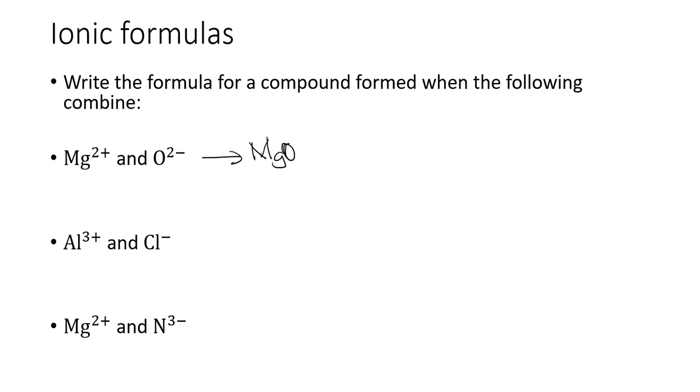Now, let me look at aluminum chloride. So for aluminum chloride, I have aluminum, which is 3+, and a chloride, which is negative.